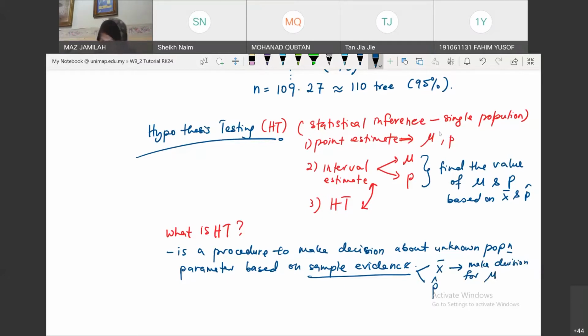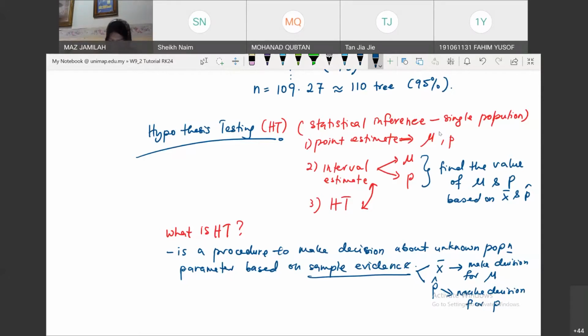For P hat, we make a decision for our population proportion. So that would be the first difference between interval estimate of mu and p and hypothesis testing of mu and p.